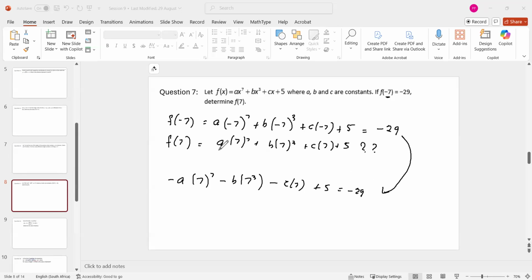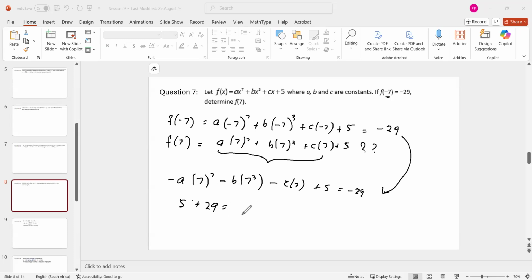Now I need to calculate this thing here, plus 5. Okay, I already got the 5 here. Now that can be calculated nicely, because if I take these three things to the other side, I'll have 5. This is minus 29, so bring this to this side, it becomes plus 29. I'm doing that because I just want to calculate this part here.